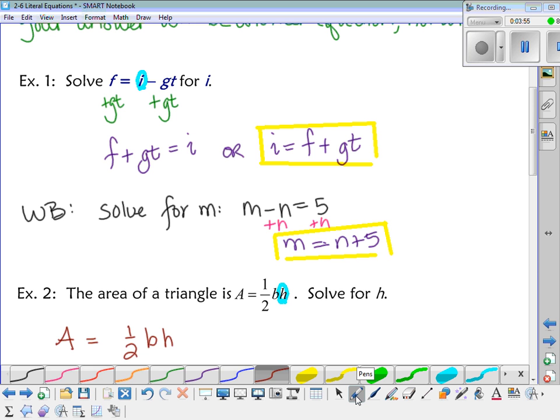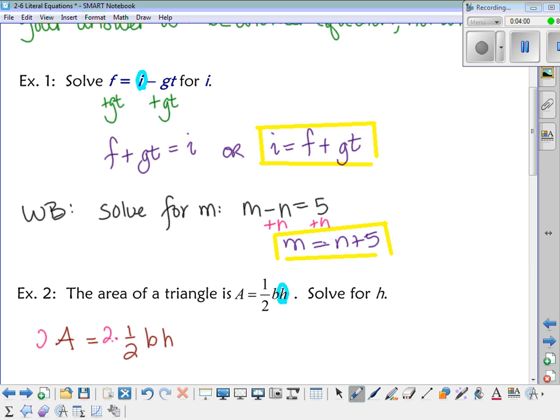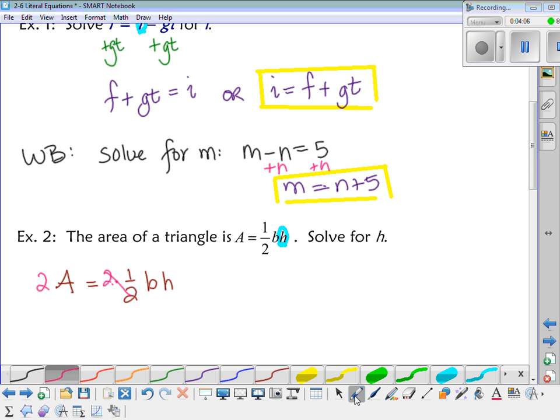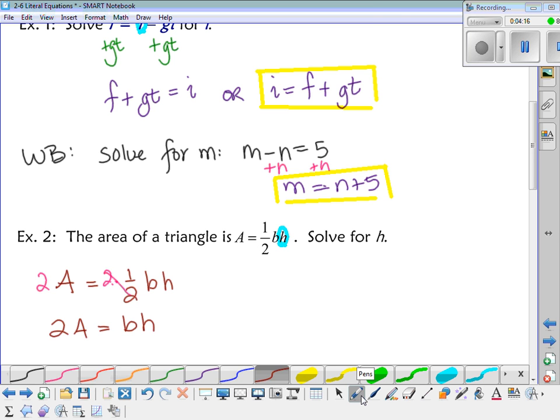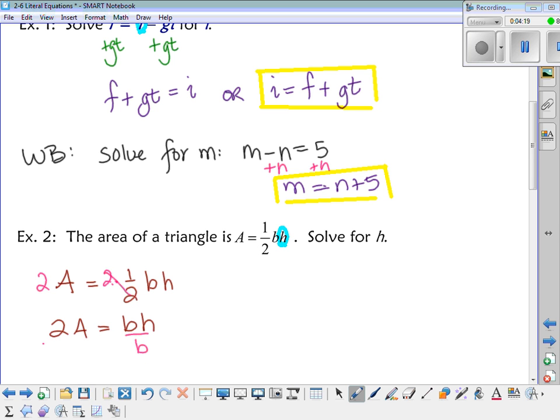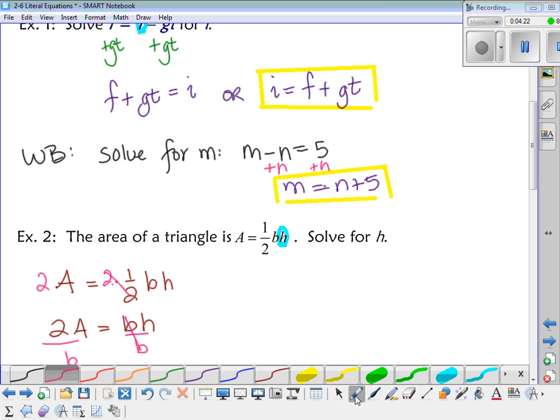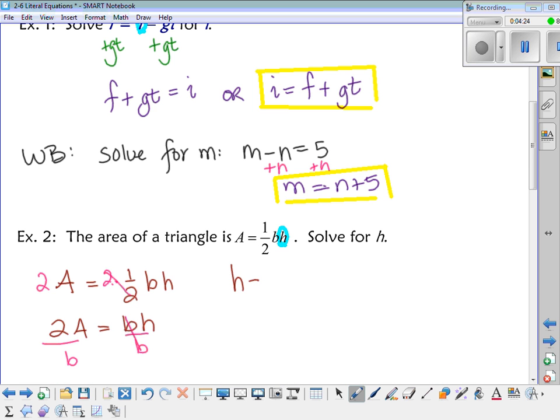The reciprocal of 1/2 would be 2 over 1, or just 2. So we multiply both sides by 2, and now I have 2a is equal to b times h. H is being multiplied by b, so the opposite of multiplication is division. So I divide both sides by b. And now I have that the height is equal to 2a over b. And that's my new equation.